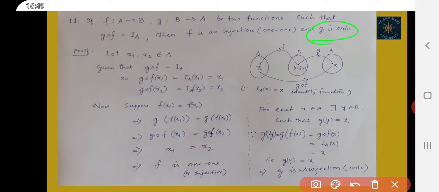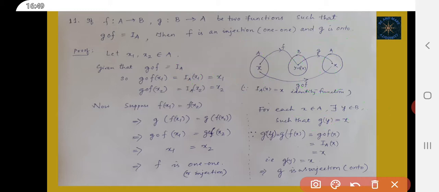Here, g is mapping from B to A. So for each element x of A, if there exists y belongs to B such that g of y is equal to x, then we can say g is onto.